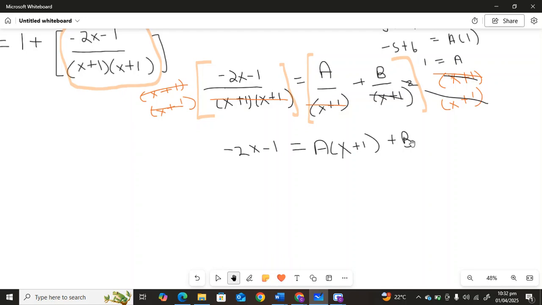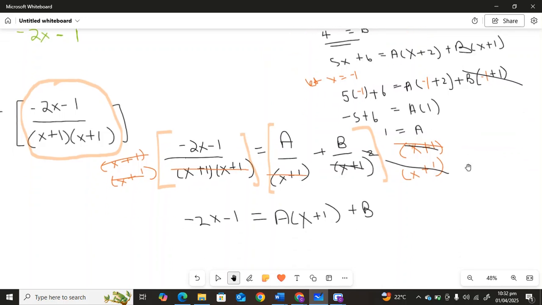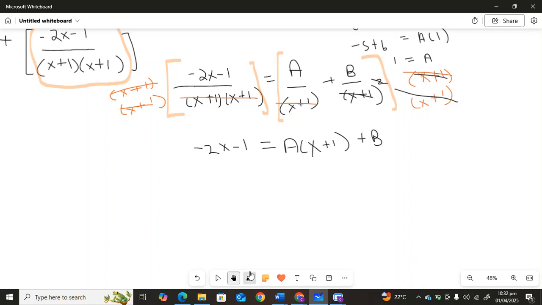Okay, in the previous example, as you saw here, you could get rid of each in any order, but in this case here, you can't get rid of b. You can only get rid of a so that you get the value of b. And once you have the value of b, you have to now solve manually. Okay, so first thing first, let's get the value of b because we can get rid of a easily.